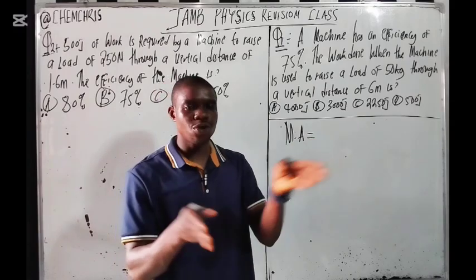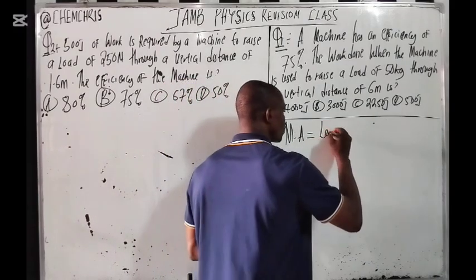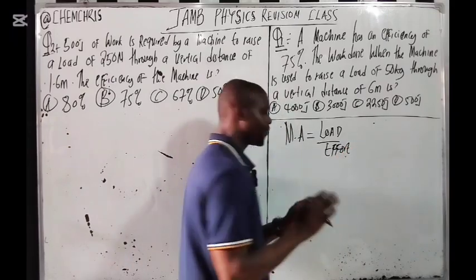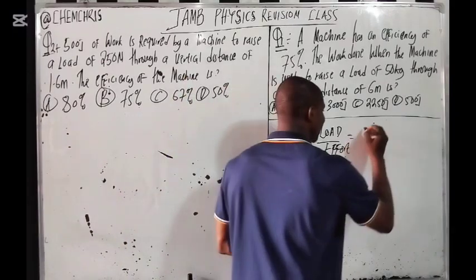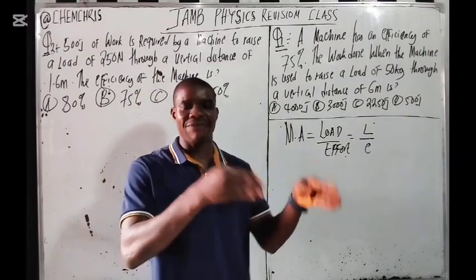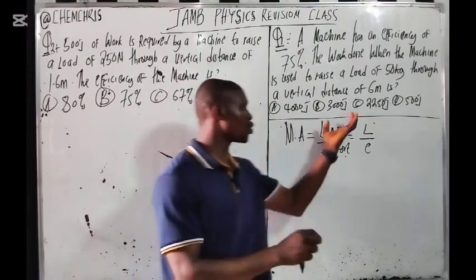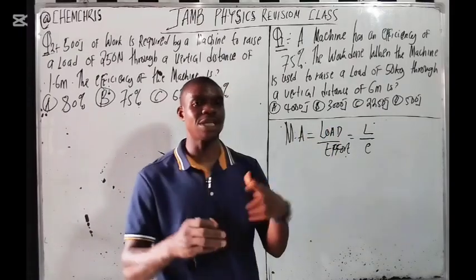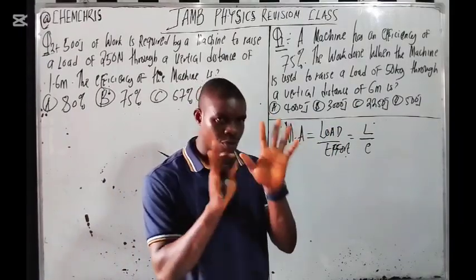Mechanical advantage is load over effort, L over E. So when you're calculating mechanical advantage in machines, it is load over effort. These are forces, and forces are measured in Newton. As we move on, you're going to understand it.